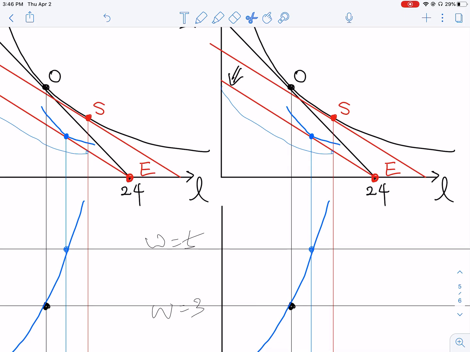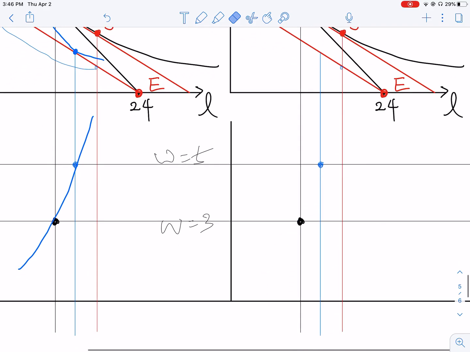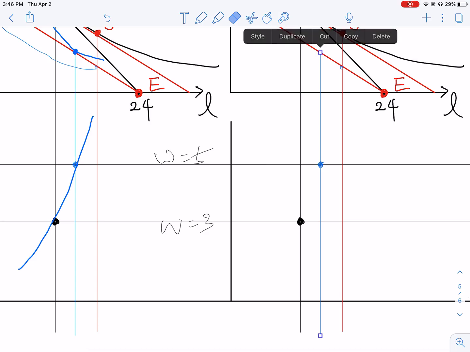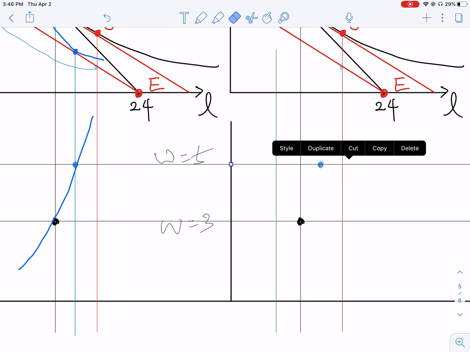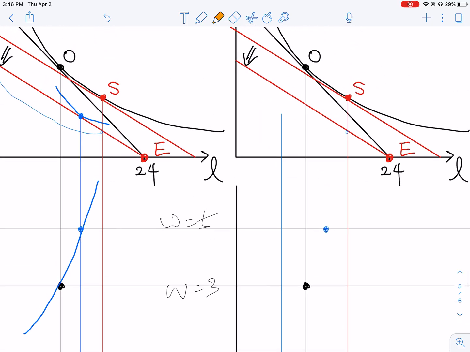Now suppose this was not the optimal bundle. Suppose your optimal decision was at this point. Probably this is not the best picture, but something like that.